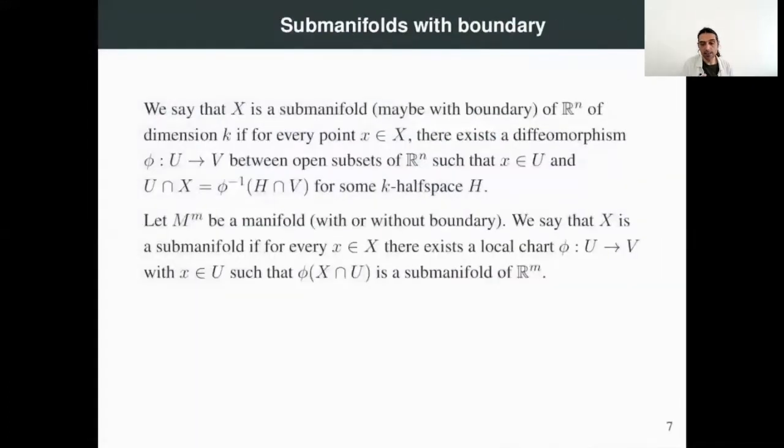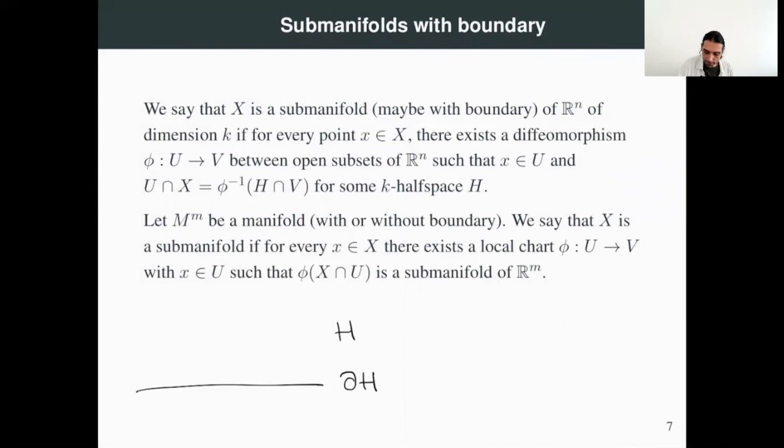right? The issue here is that, for instance, in this way, we could consider a half space. A half space is a manifold with boundary, and the boundary is just the boundary of the half space.